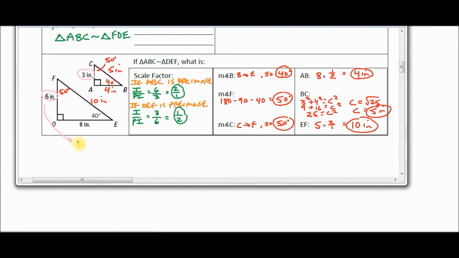Okay, to find a scale factor, use known corresponding sides to find scale factor. All you got to do to find scale factor is find two sides that you know the measurements of, and then use that to find your scale factor. Next video, we'll cover the next part of this section.